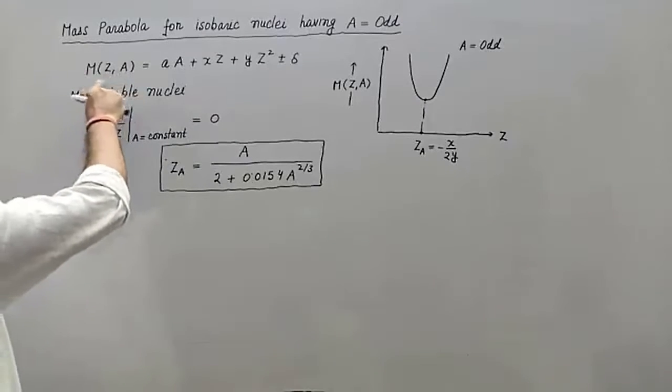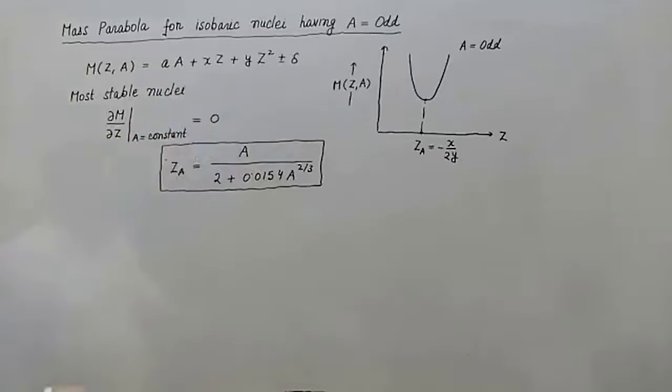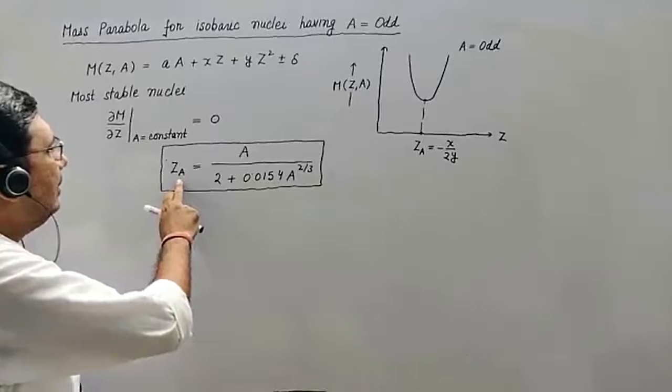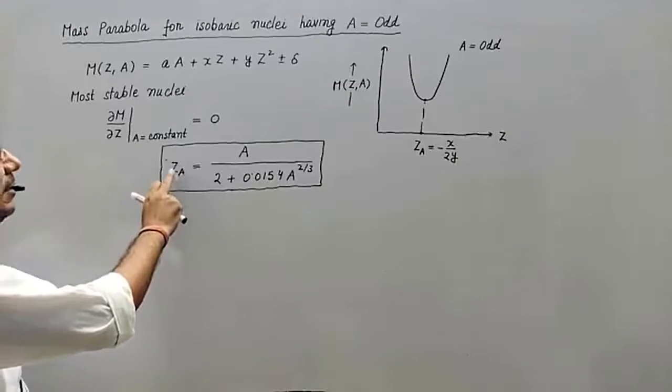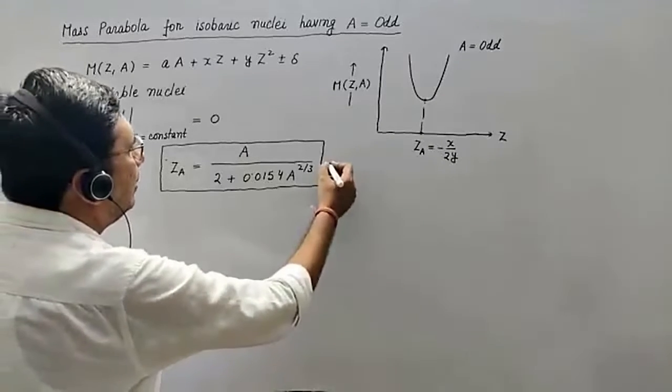When we differentiated this equation with respect to Z and equated it to 0, we found the charge number comes out to be ZA is equal to A upon 2 plus 0.0154 A to the power 2 by 3. You have to remember this formula.